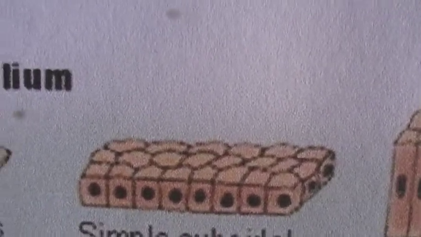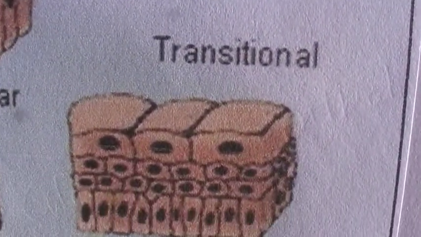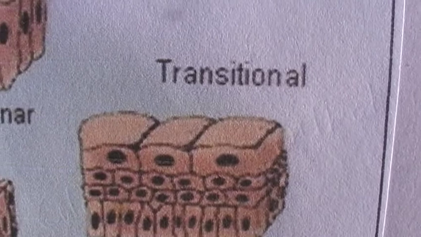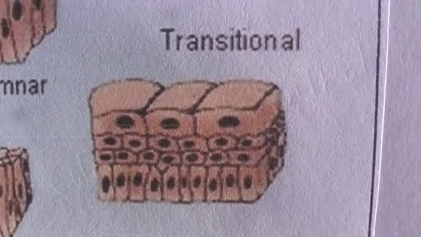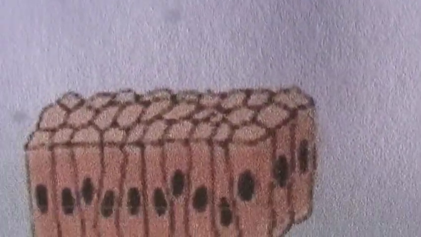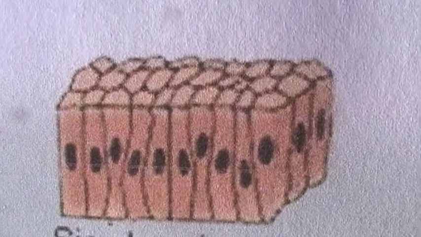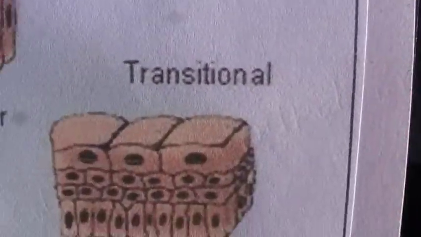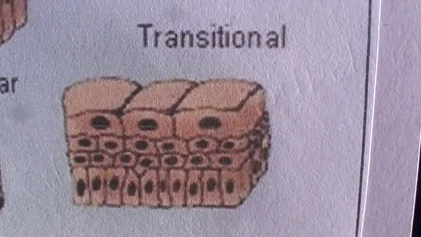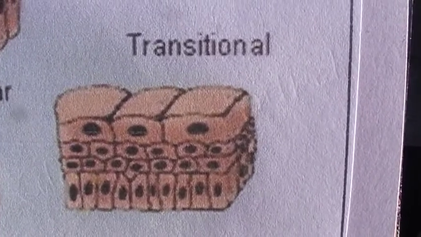The third one is this one. What's it called? Transitional. Sorry, that's the fourth one. This is the third one. And this is the fourth one, transitional. The shape varies with tissue stretching.